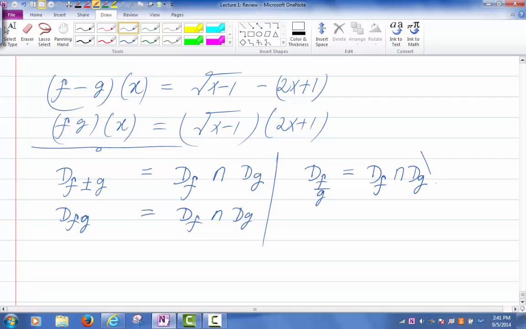So this sign means exclude the values of x such that g of x is 0. Is that making sense? So it's not enough to take just the intersection, you also have to get rid of the values where g is 0. Okay, so that would be the domain of the fraction.